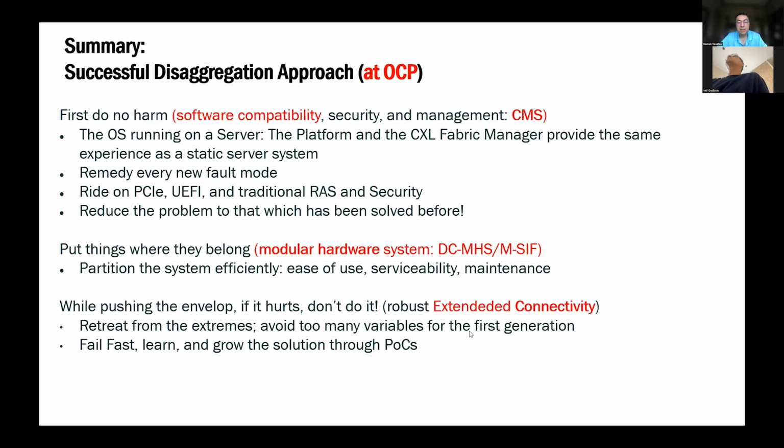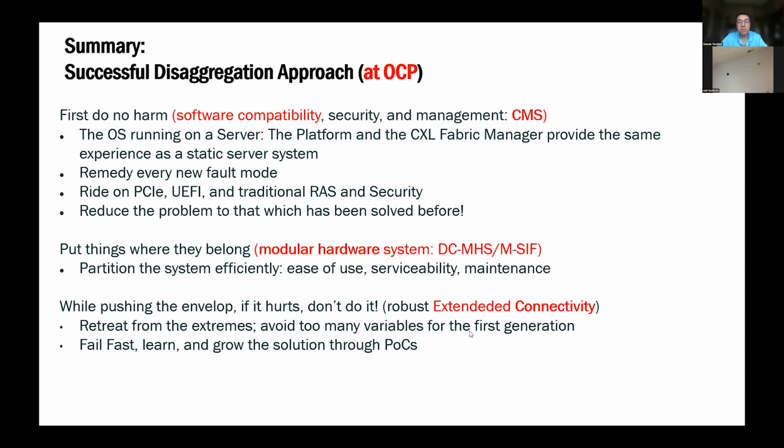And on pushing the envelope as far as big as we can go, the extended connectivity work stream within OCP is very active on that. Push it as far as it goes, but then if it is too hard, find another way. You start with PCBs, then interconnect them within a chassis, and then sometimes interconnect chassis together, and sometimes you use copper, and sometimes you use photonics.